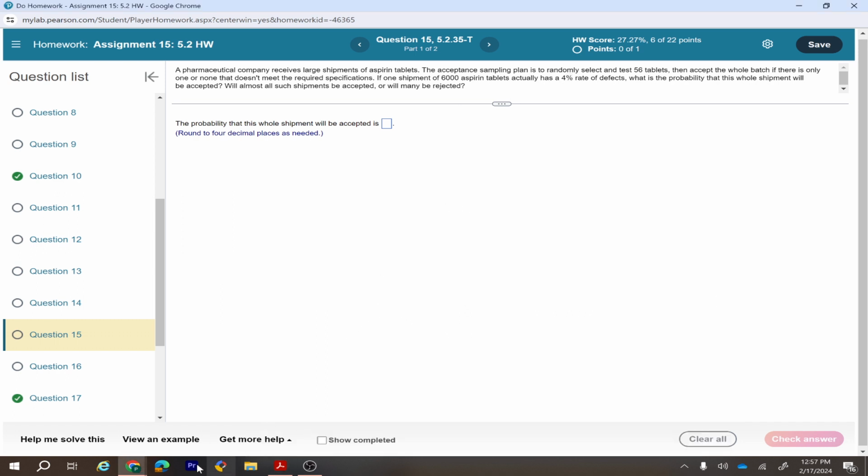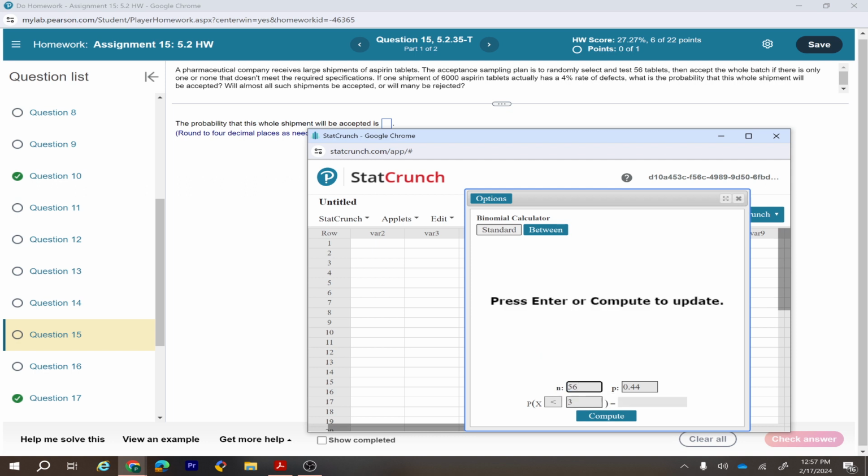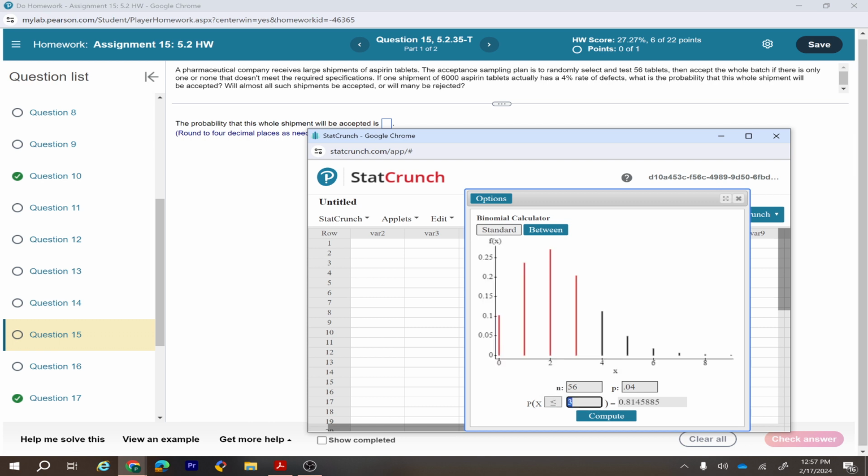It looks like a very complicated problem, but if you go to StatCrunch and fill out these boxes: number of tablets 56, the probability of failure rate of the tablet 4%. How many failures do we want? At most 1 failure.